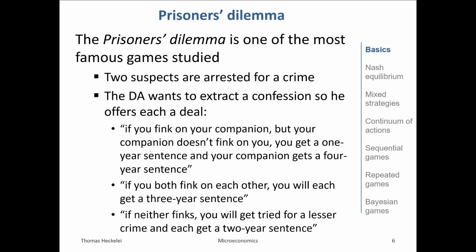They want to get as few years in prison as possible, and that involves having more years in prison for the other party. So that's a strategic situation. The interests are not the same.